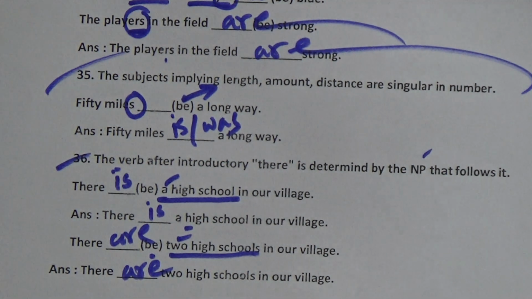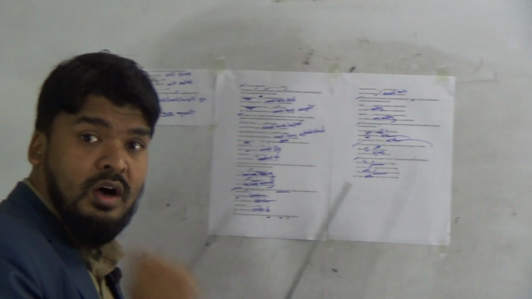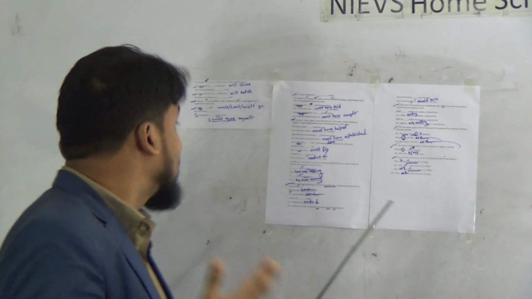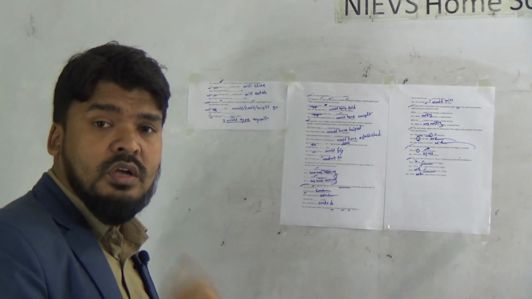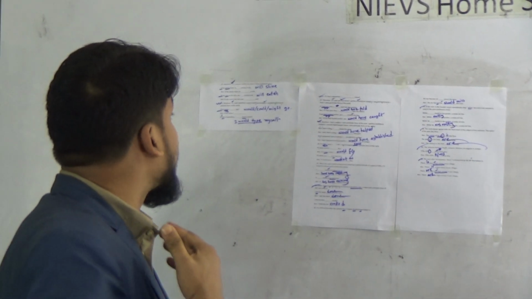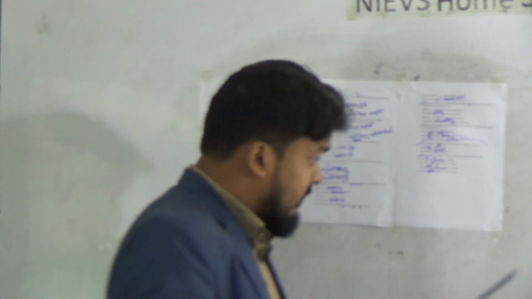Dear students, this is the last class of right form of the verb, and we have already finished 36 rules, from 1 to 36. I hope you have gone through these rules and learned very well.